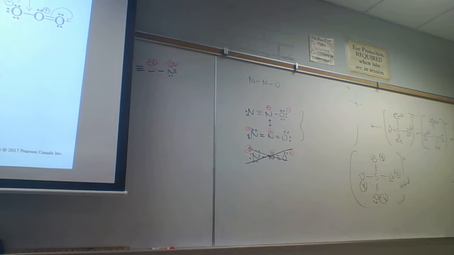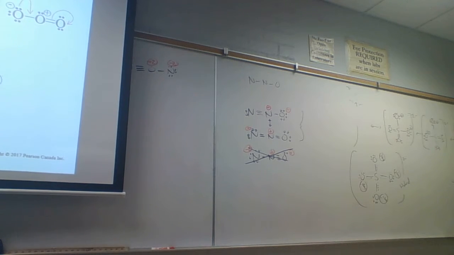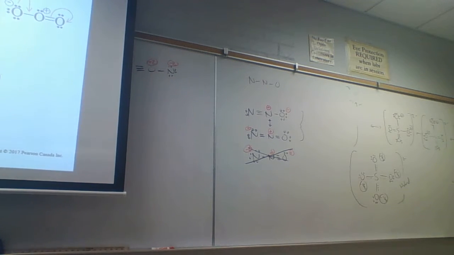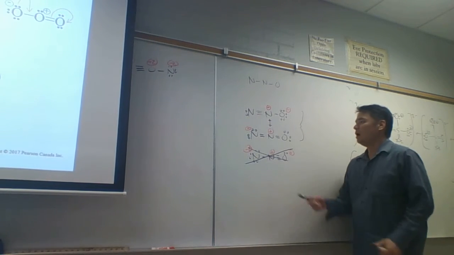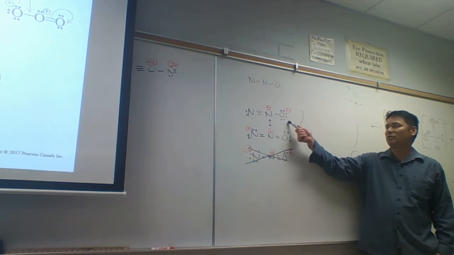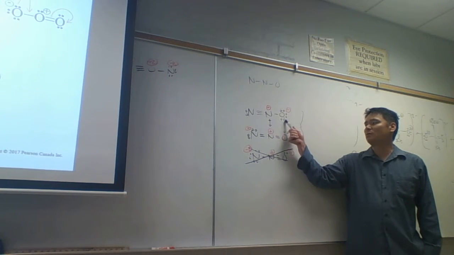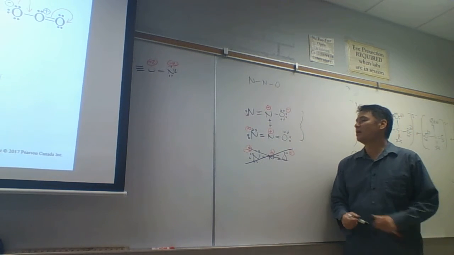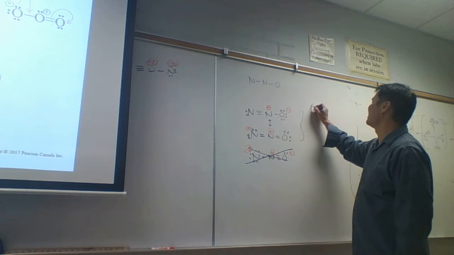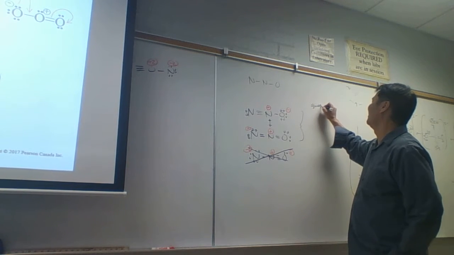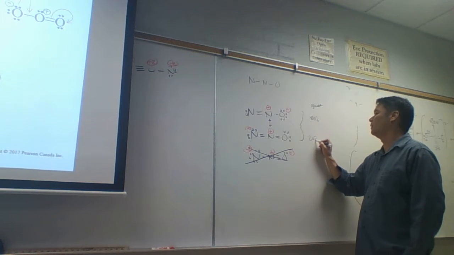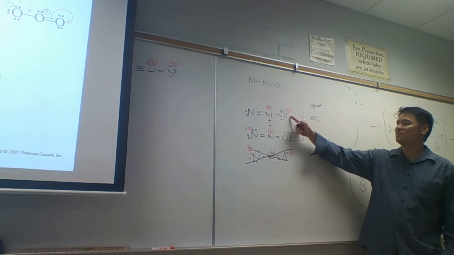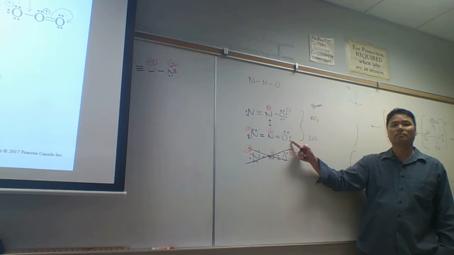So the hybrid is a 50-50 mix of these two. However, this one is going to be complicated because oxygen is in fact more electronegative, so it should bias this one over this one. And so the hybrid would be, we're going to guess, although we don't know the number, maybe an 80-20 mix. So 80% this one, 20% this one.